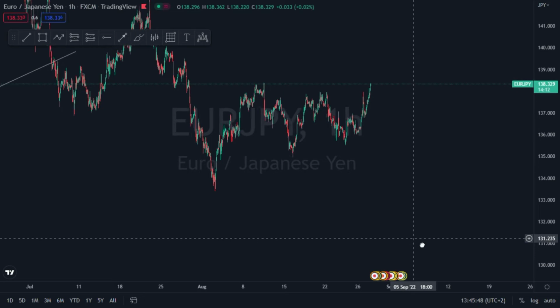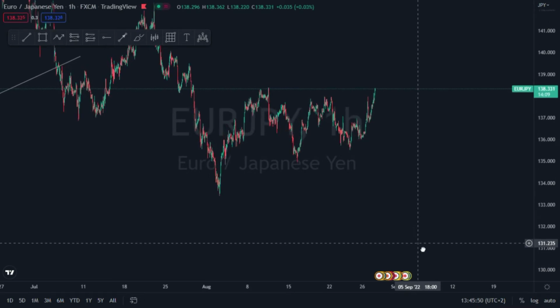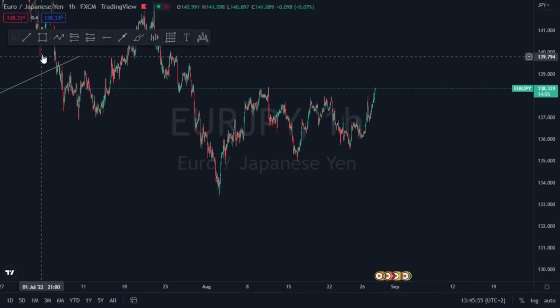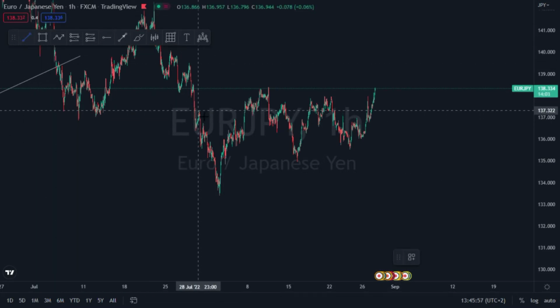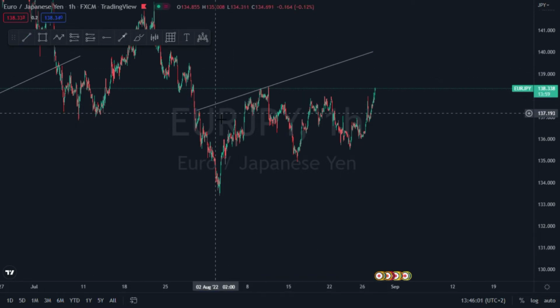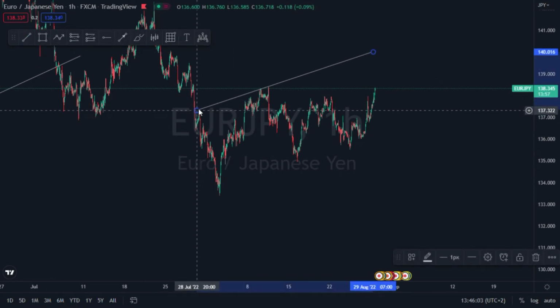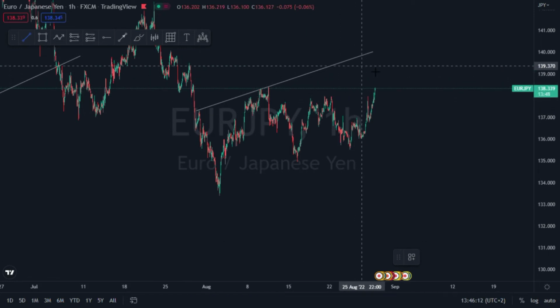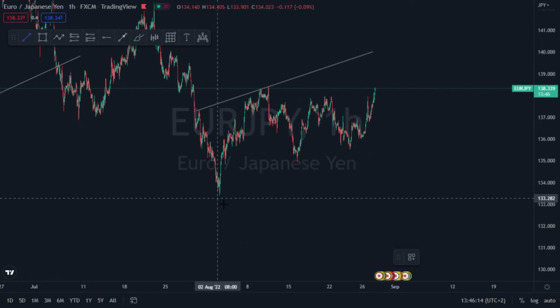So here on the 1 hour time frame, I can already see that we are forming that type of ascending structure, of which that ascending structure to me is a continuation pattern to the downside. We have our first touch there, second touch, so I anticipate the third touch from that level right there.